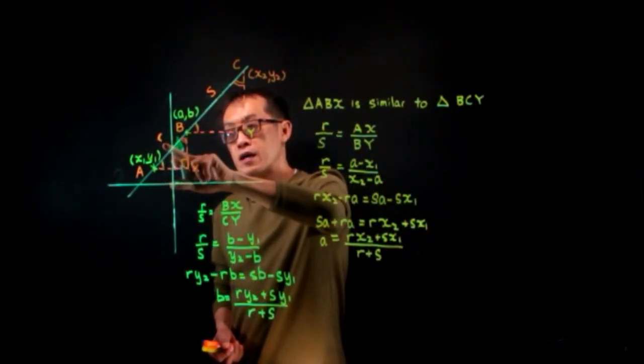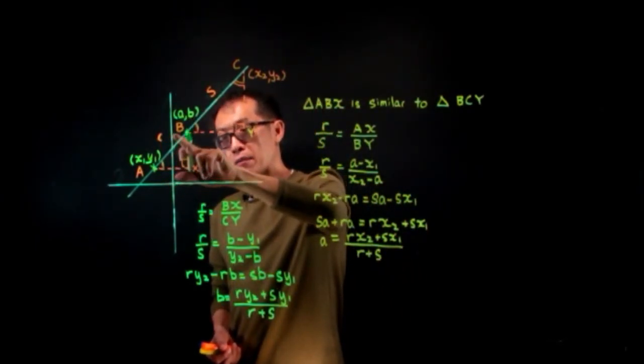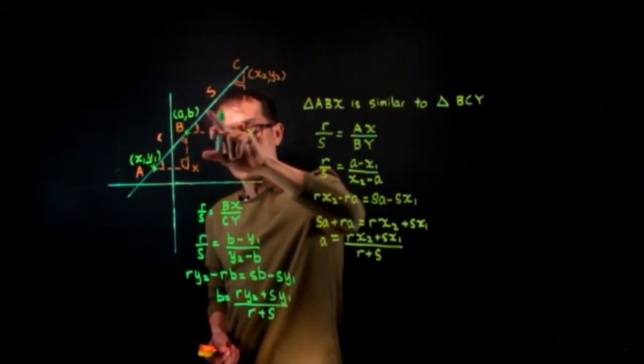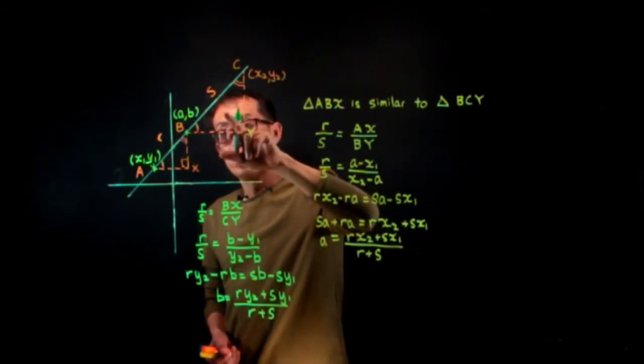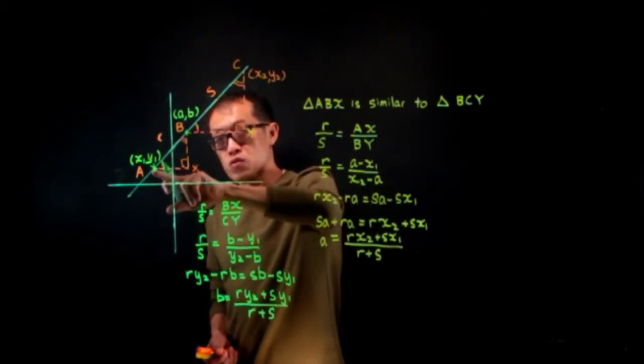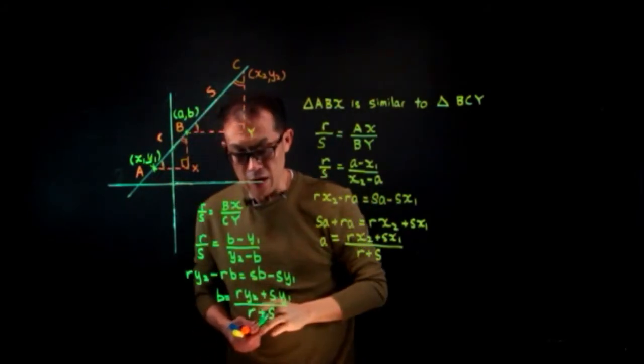For B, you use R times Y2 plus S times Y1 over the sum of R and S.